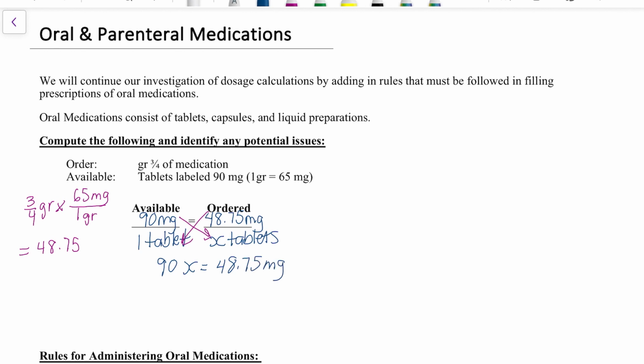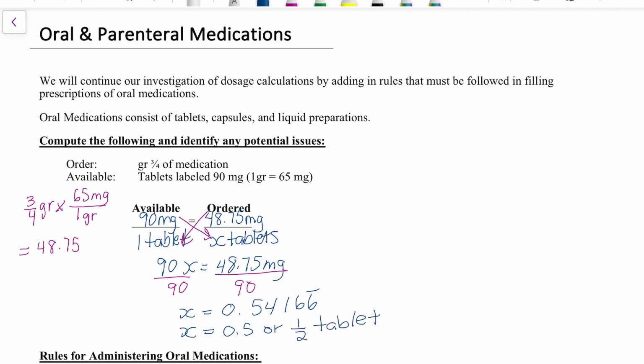And then I'm going to divide by 90, and I get x equals 0.54166 repeated. Because this is a tablet, I either have to do a full tablet or a half tablet. So I'm going to round this to 0.5 or half a tablet.